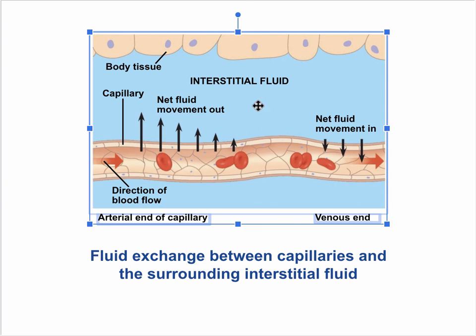So all the good stuff that needs to be released at the level of the tissues in a capillary bed gets put out into that fluid. And the wastes are moved by diffusion and sometimes by active transport into the capillary so that they can be carried away.